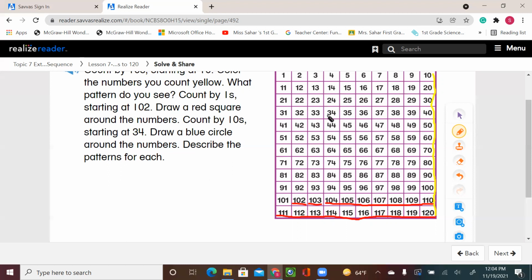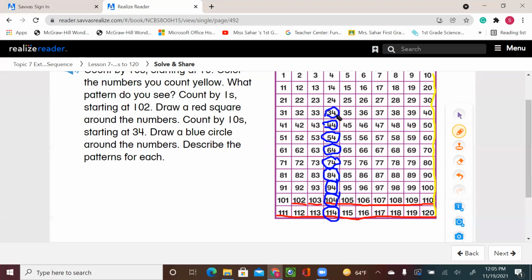So blue circle. 44, 54, 64, 74, 84, 94, 104, and 114. So what do you see in the pattern?